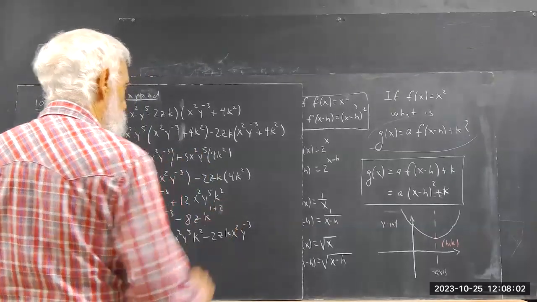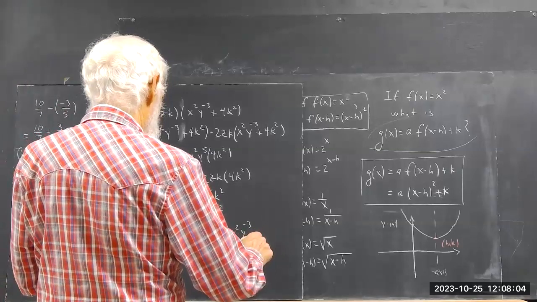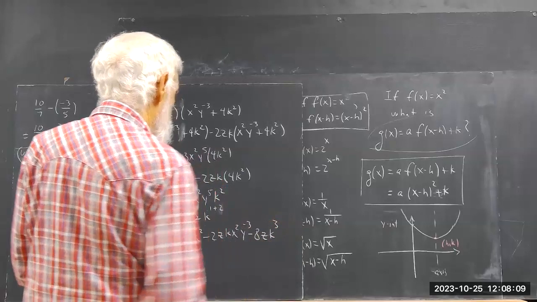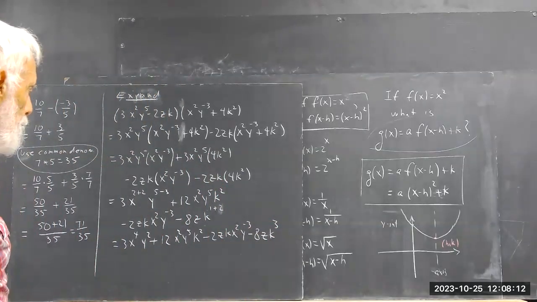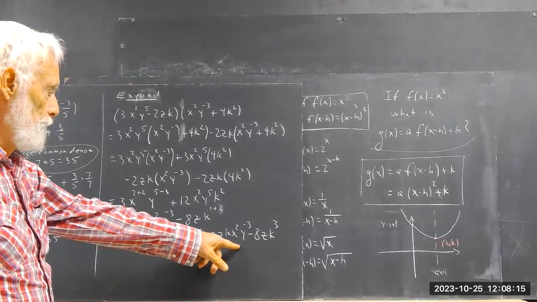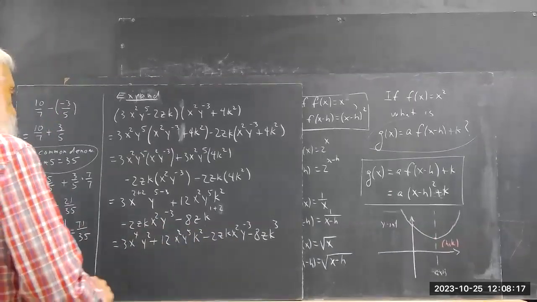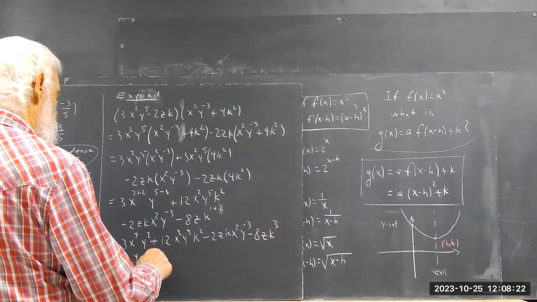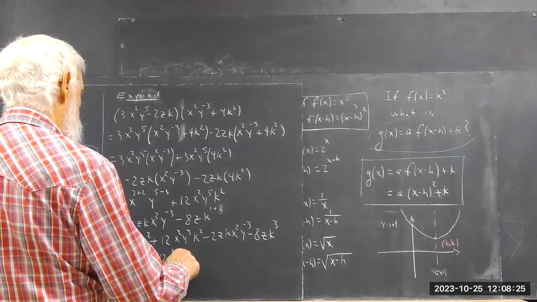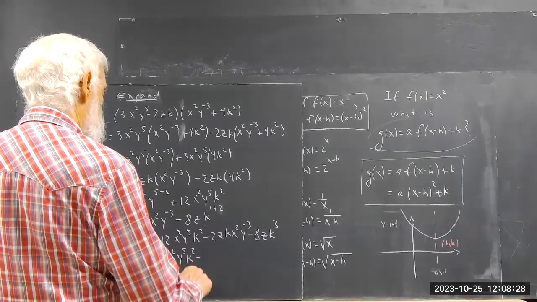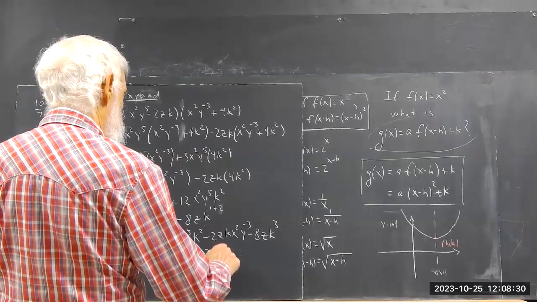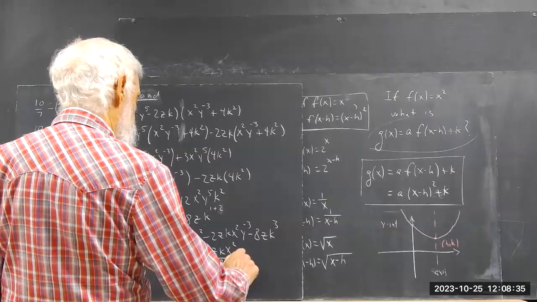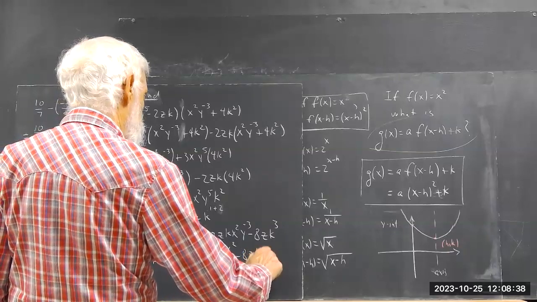Should have been 1 plus 2. So it's minus 8zk to the third. Now we have at least one negative exponent here. So we could write this as 3x to the 4th y squared plus 12x squared y to the 5th k squared minus 2zk x squared over y cubed minus 8zk cubed.